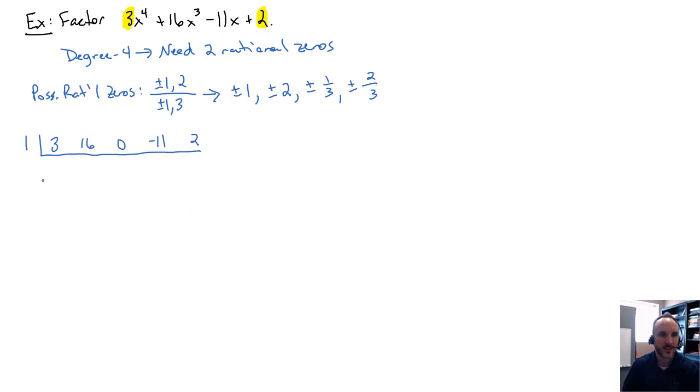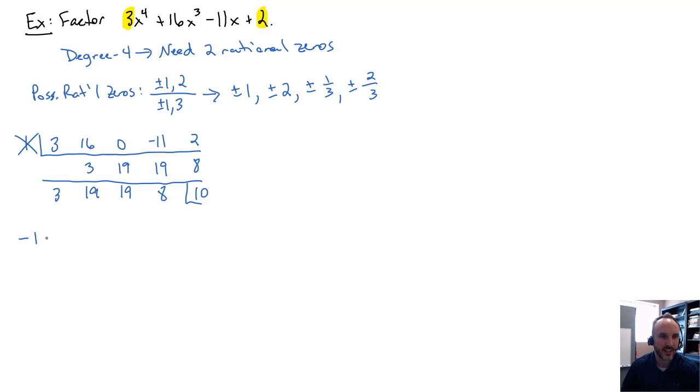Okay? Now we can start the synthetic division. Drop the 3 down, multiply, add, multiply, add, multiply, add, multiply, and add. We do not get a remainder of 0, so 1 is not a 0 and it never will be.